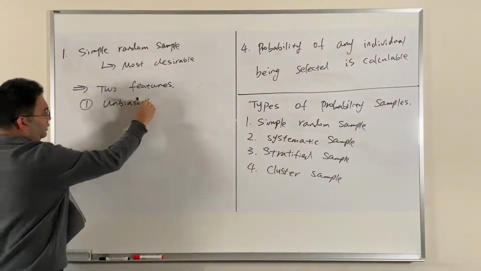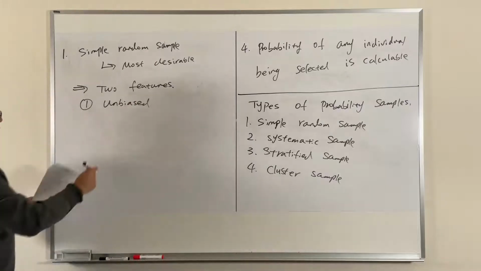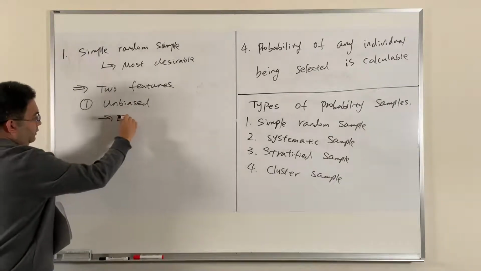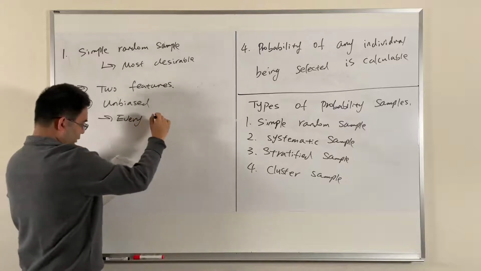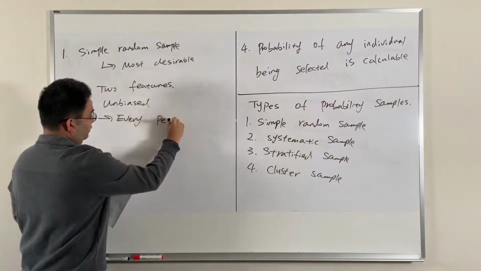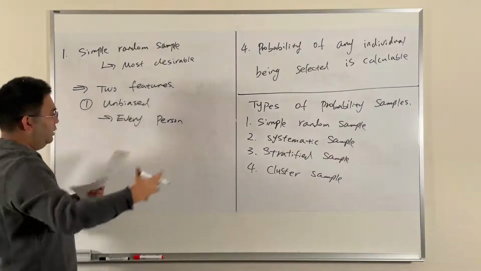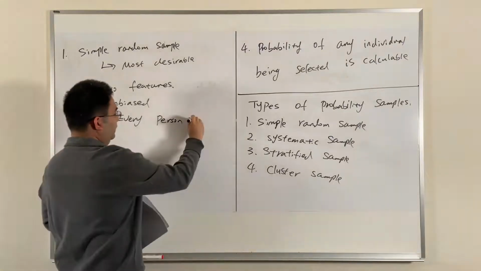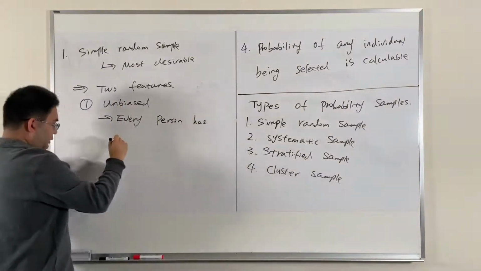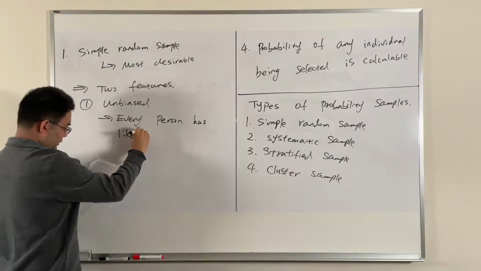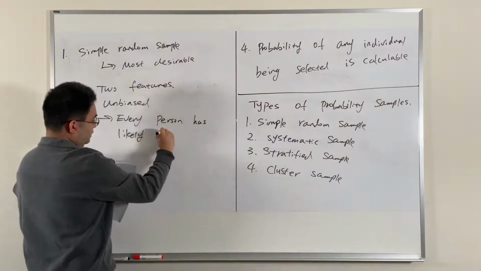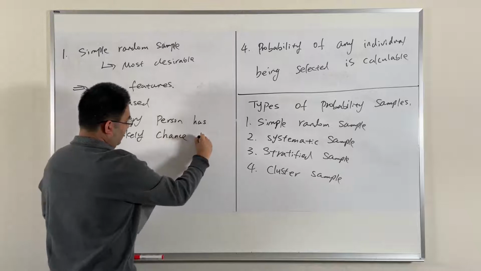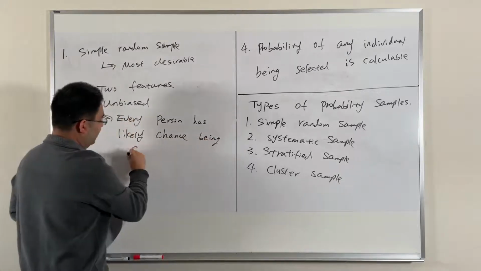Unbiased. What do you mean to be unbiased? Unbiased means every person, if you're doing an experiment with people, each person has an equally likely chance of being selected, right?